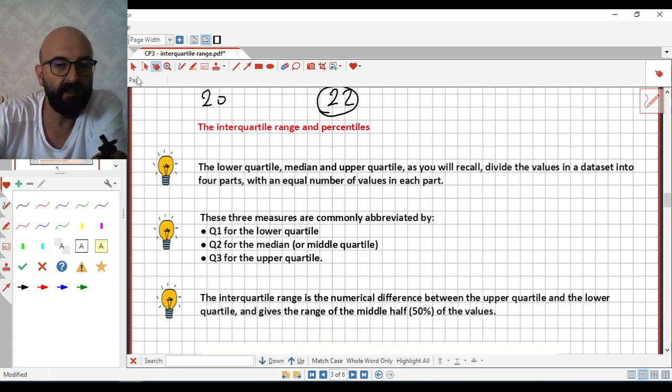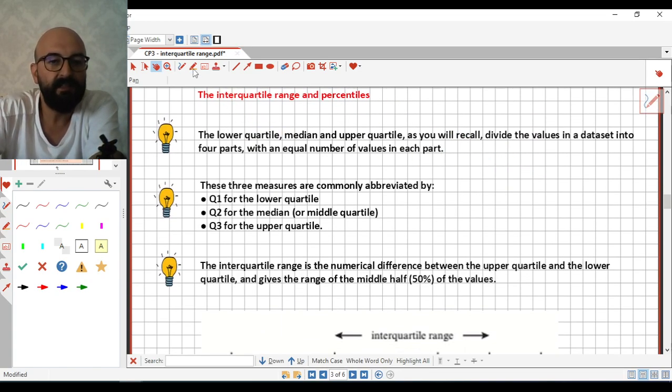The interquartile range and percentiles. The lower quartile, median and upper quartile, as you will recall, divide the values in a data set into 4 parts with an equal number of values in each part.